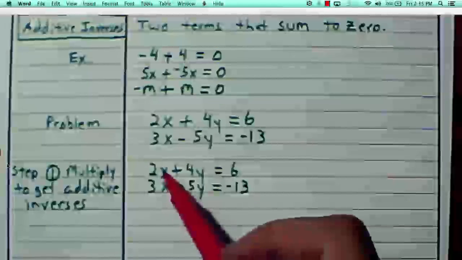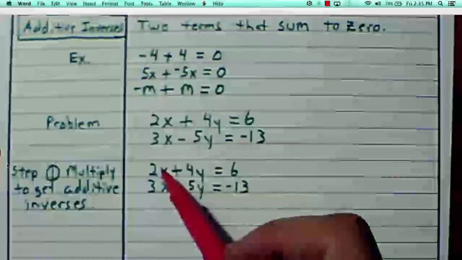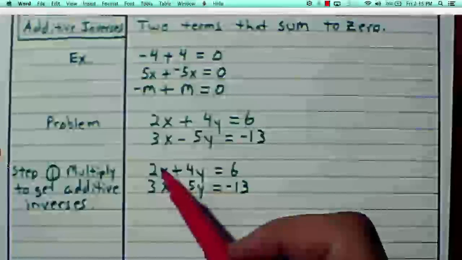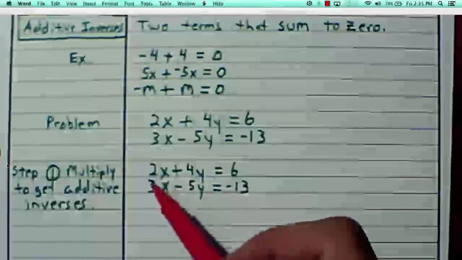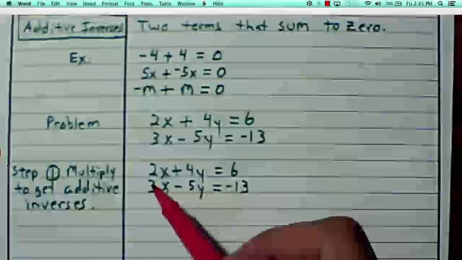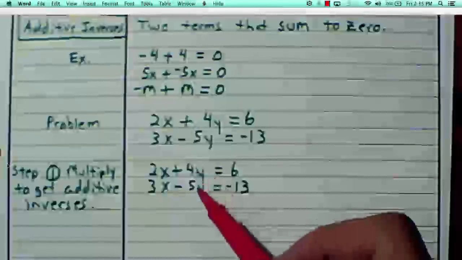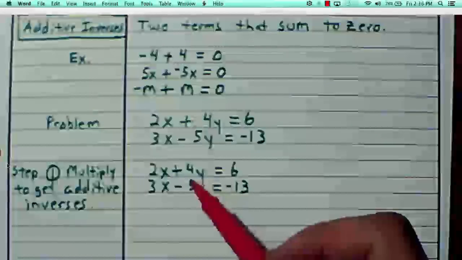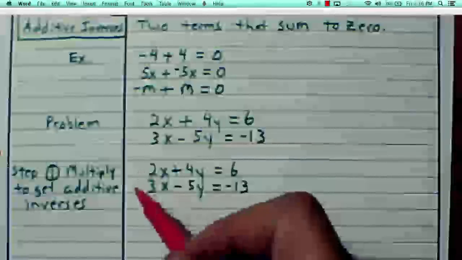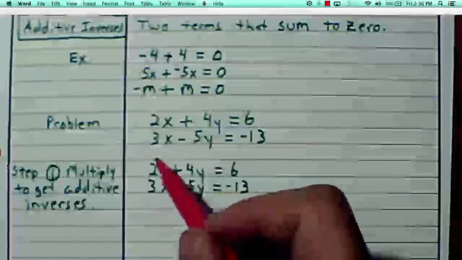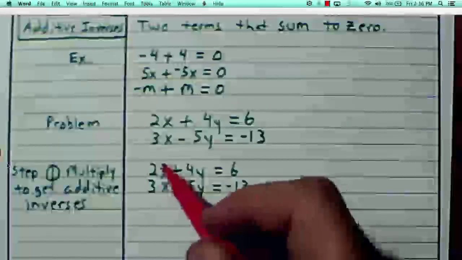So what I'm looking for is a least common multiple. Think back to the days of finding common denominators. What is the least common multiple between 2 and 3? Well, 6. Likewise, we could try to eliminate the y term. What's the least common multiple between 4 and 5? 20. So I'm going to attempt to eliminate my x terms here.